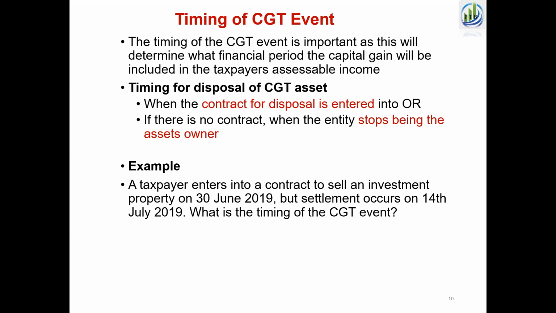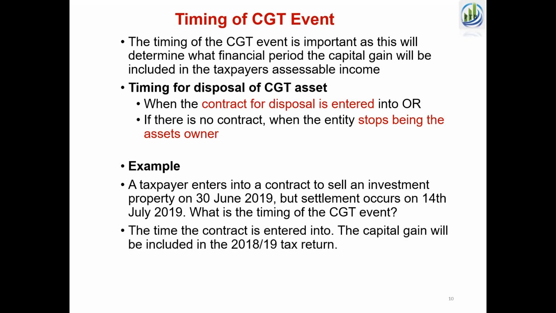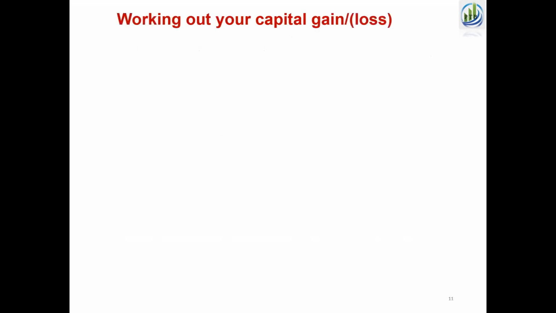However, if you prepared and lodged for 1819, but the contract is cancelled due to finance approval or any other reason, you can amend the tax return and say that particular capital gain event did not occur. So that's called the timing of the event. At the time the contract is entered into, the capital gain will be included in the 1819 tax return.